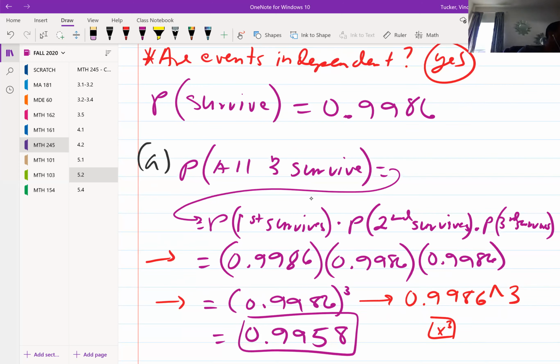So how did you do it? Did you multiply all 3 of them together or did you cube it? I did left parentheses 0.9986, right parentheses, and then I hit the x3, the exponent with third power.